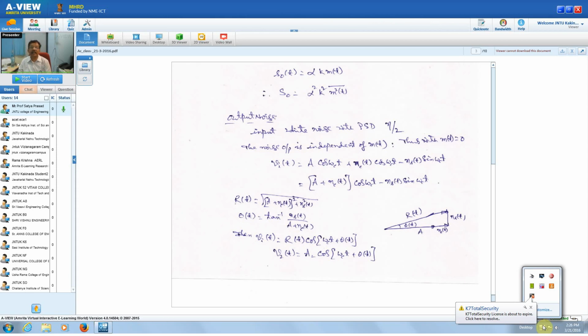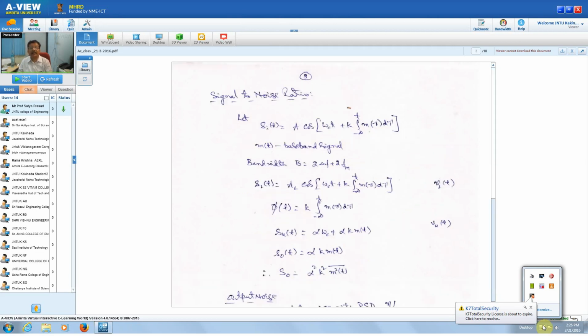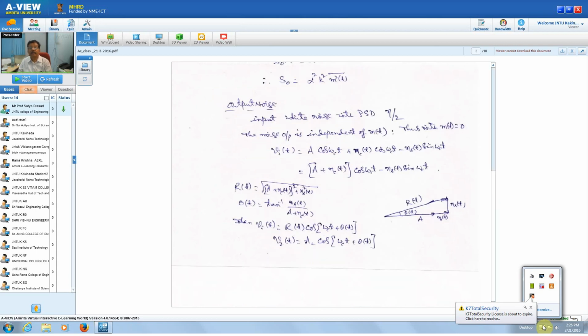So this is the noise signal at the output of the amplitude limiter. And here, as we have seen, v_2(t) is A_2 cos(omega_c t plus theta(t)). And we know that n_s(t) and n_c(t) are very small compared to the amplitude of the carrier signal.